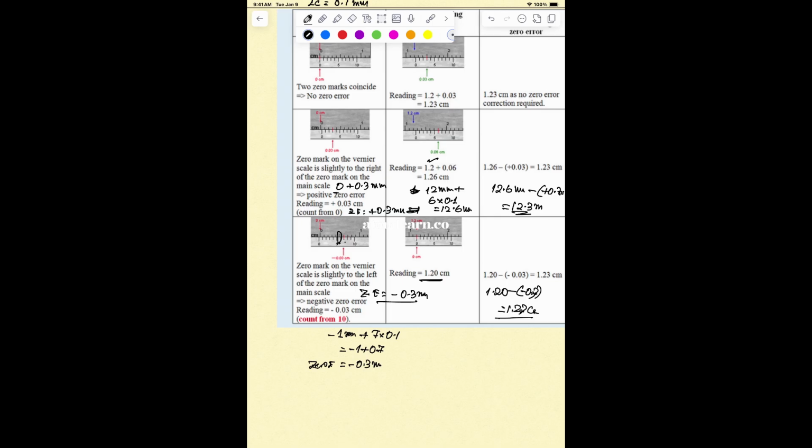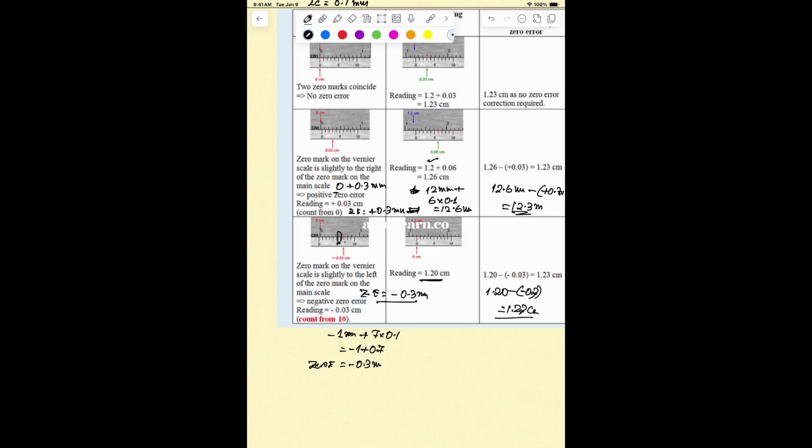In the case of a negative zero, the zero of the Vernier scale is after -1 of the main scale. Therefore, put -1, where 1 division is equal to 1 mm. So -1 plus the seventh division coinciding, 7 into least count, is 0.7, therefore -1 plus 0.7 gives you -0.3.